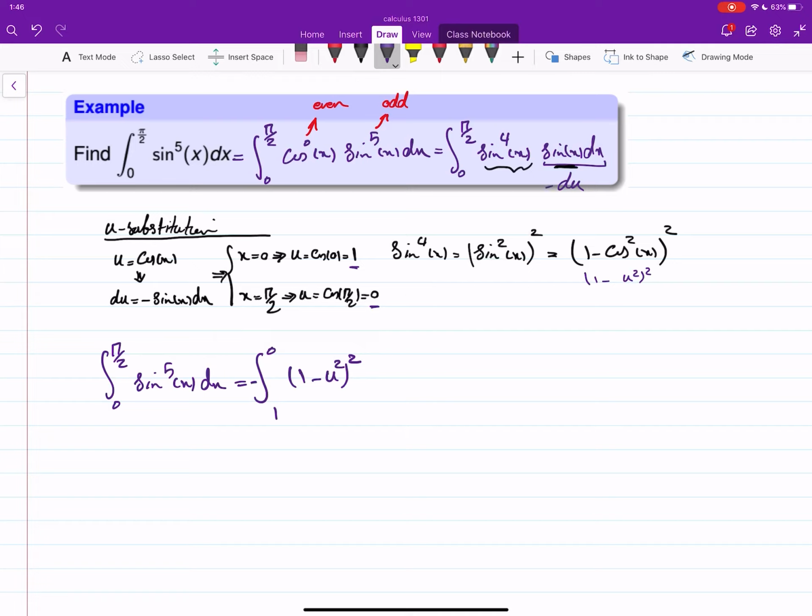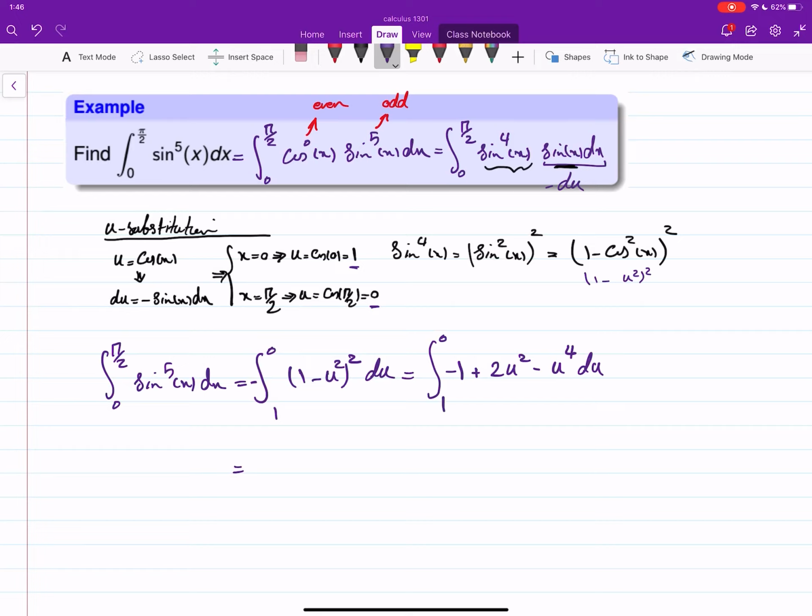So I will put minus outside, and this is a u integral. Now I can expand it. A minus b squared is a squared minus 2ab plus b squared, which is 1 minus 2u squared plus u to the power 4. Well, there was a minus sign out there, I will multiply that minus sign as well, just to have du from 1 to 0.